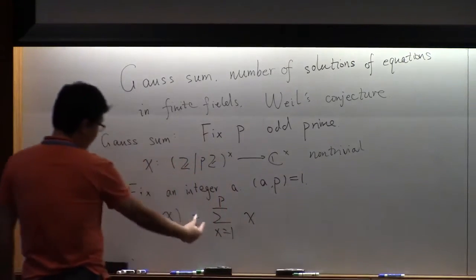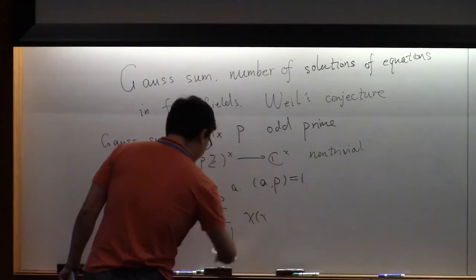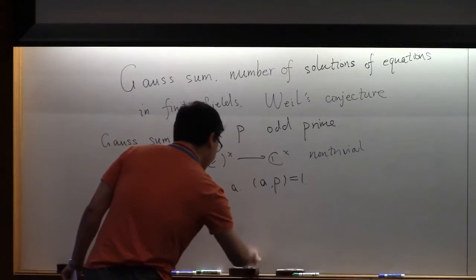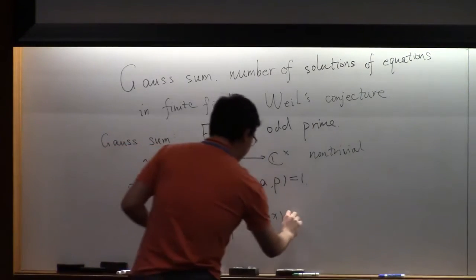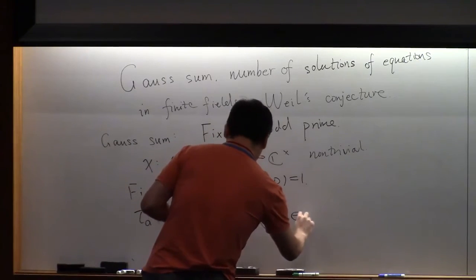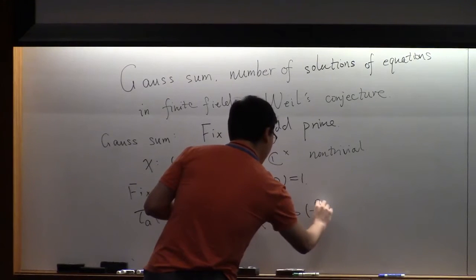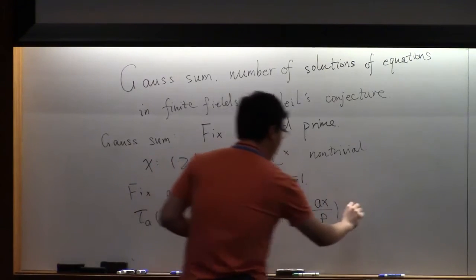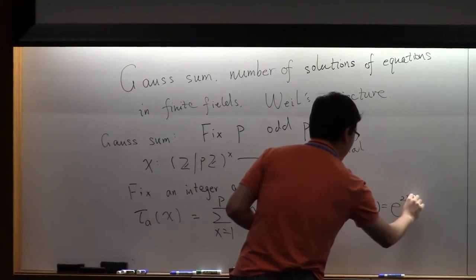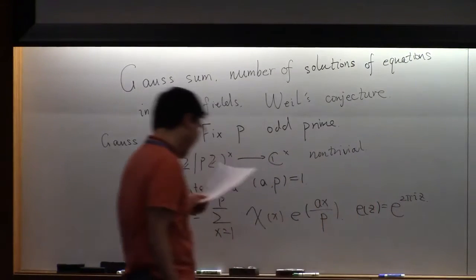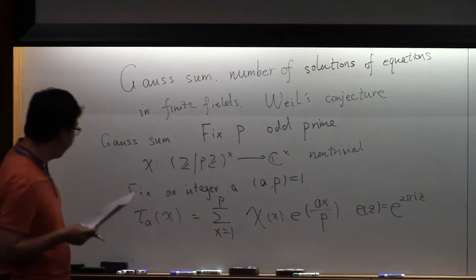For each x, you evaluate the character chi at x, then you multiply by the exponential. Here e to the z is the exponential function, e to the 2 pi i z over p. So this is the definition of the Gauss sum.